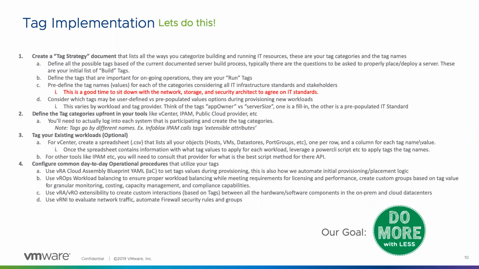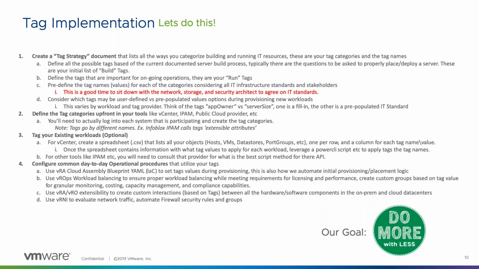So once you create that document and you get consensus and synergy with your other teams about this, the next step is to go actually define those categories inside of your products where you're going to reference those tags.